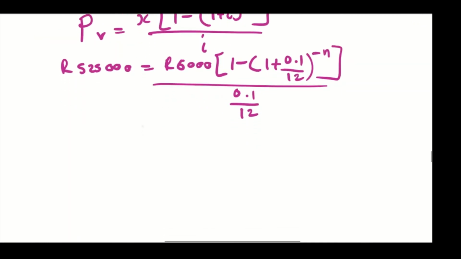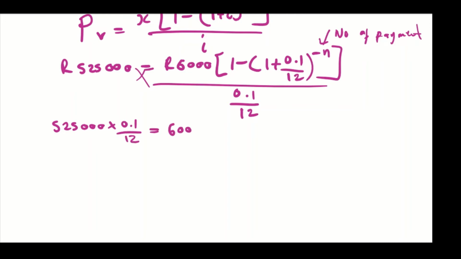So I'm just going to calculate the value of n, which is the number of payments. We want to know how many payments will be made for this 6,000 rand. So we're just going to cross multiply here. We'll have 525000 multiplied by 0.1 over 12 is equal to 6,000 rand times 1 minus (1 plus 0.1 over 12) to the power of minus n, right?